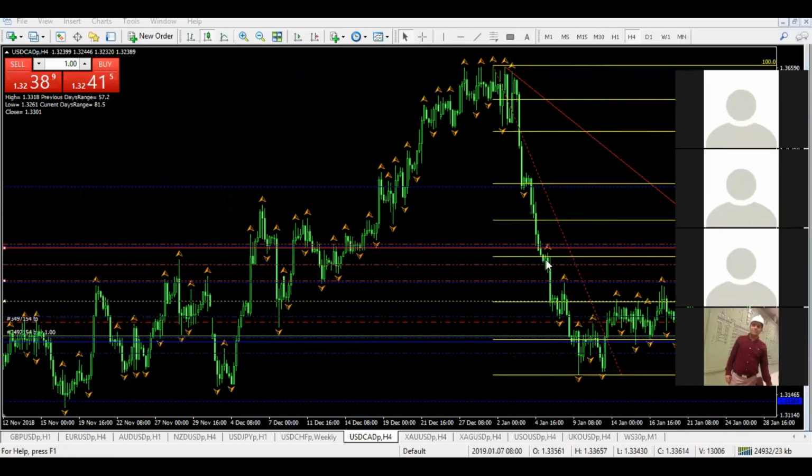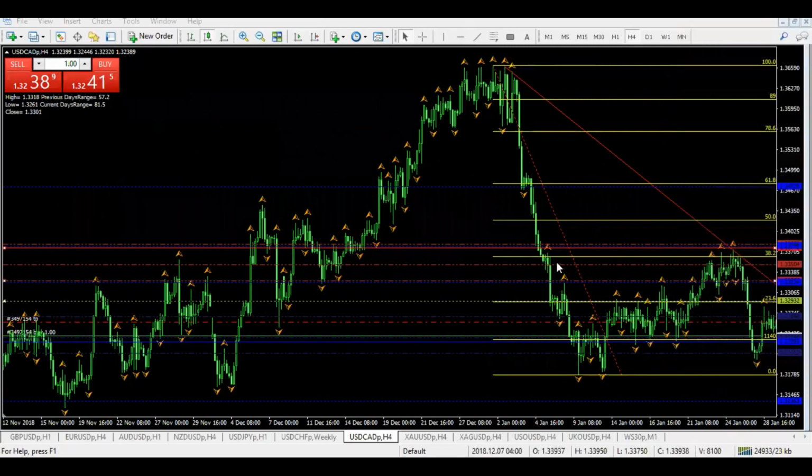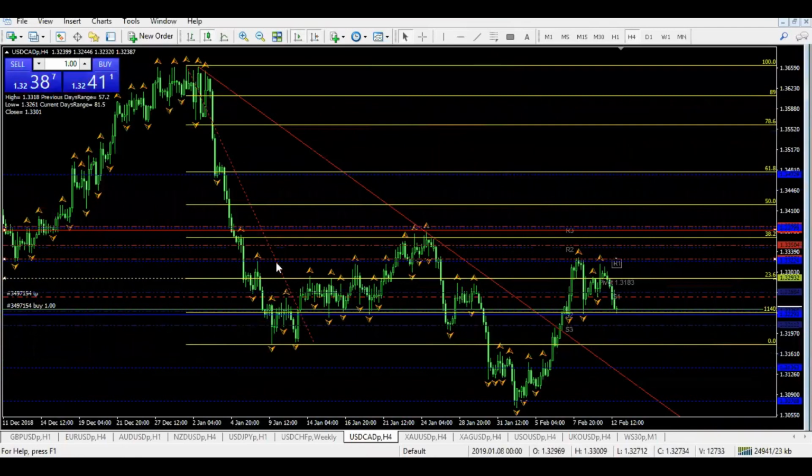When I do it from bottom to top, it would break our 61. When it can break my 61, I know my elasticity has become from upwards to downwards. So when I have a high, one on the cap and one on the floor, I know there is a Fibonacci.